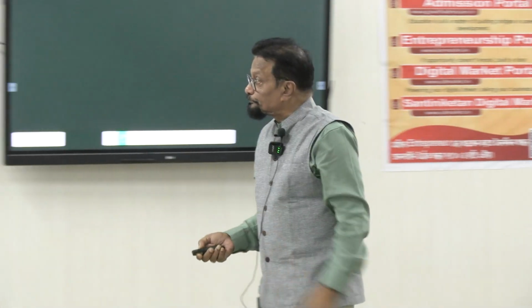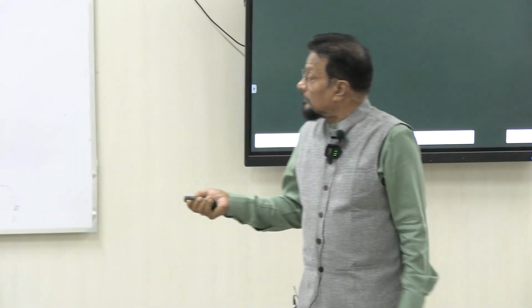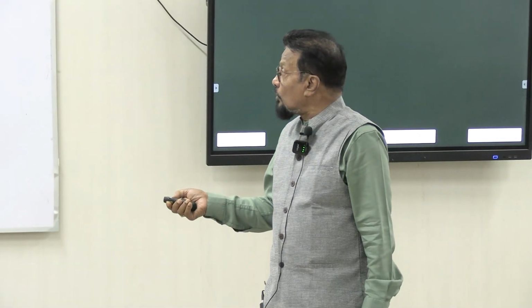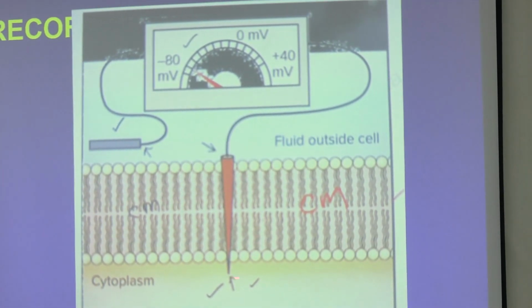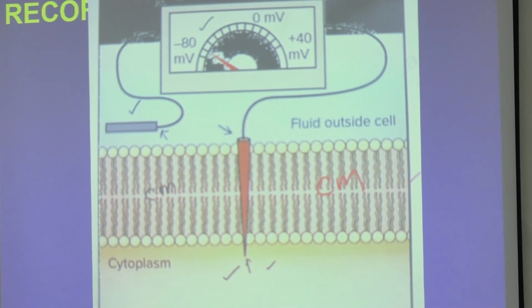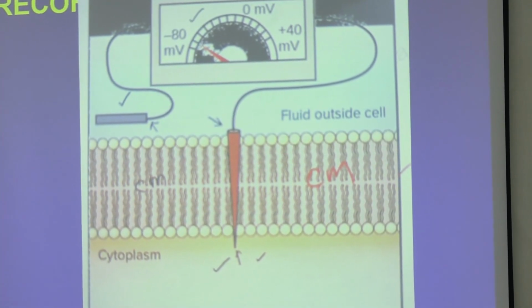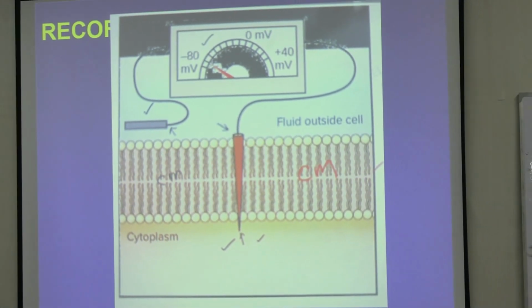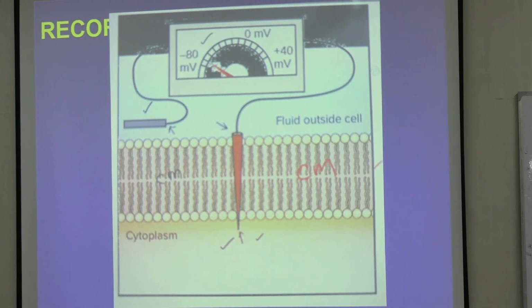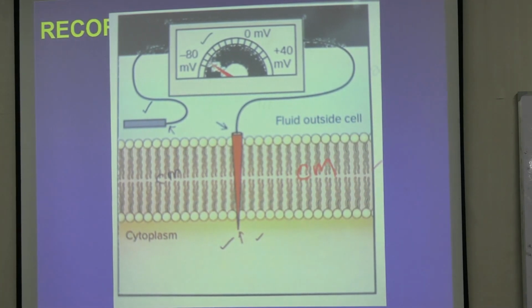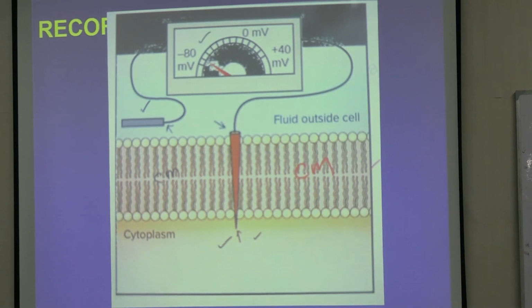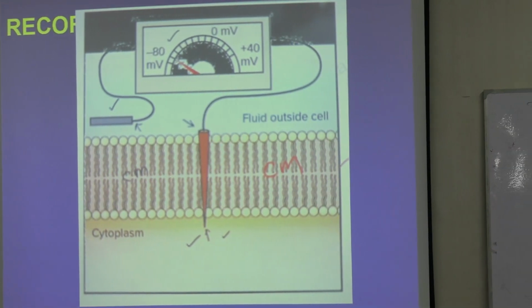So one electrode is placed on the external surface, and another electrode is placed inside, and the cell is under resting condition. Here we find a negative deflection, and this negative deflection shows how much negative is inside with respect to the outside.